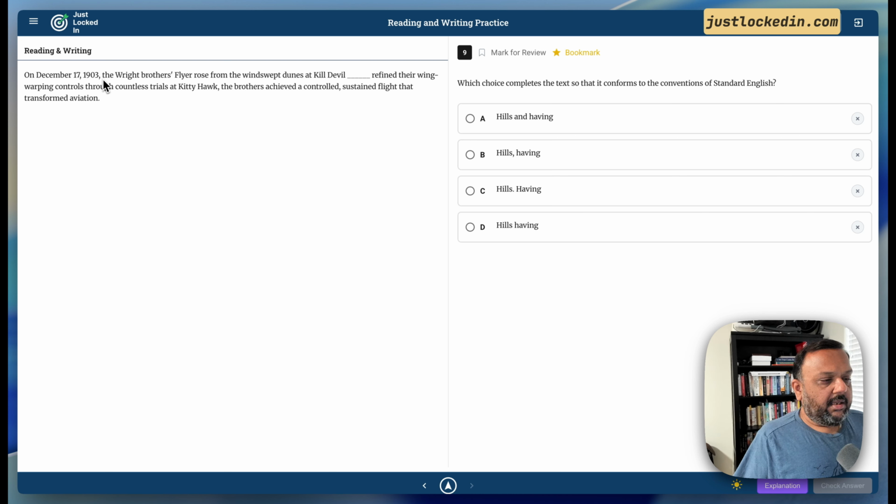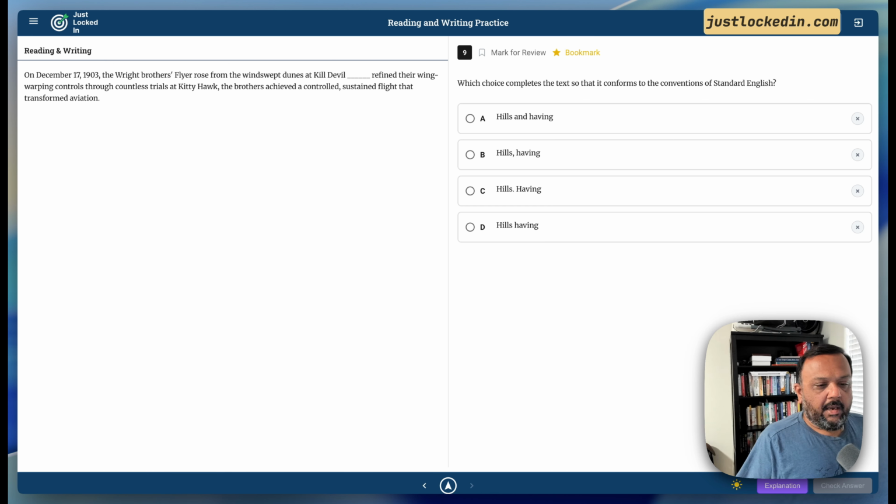All right. So on this date, the Wright brothers' flyer rose from the windswept dunes at Kill Devil Hills. Okay. Having refined their wind-warping controls through countless trials at Kitty Hawk, the brothers achieved a controlled, sustained flight that transformed aviation. So this is talking about the first flight of the Wright brothers.